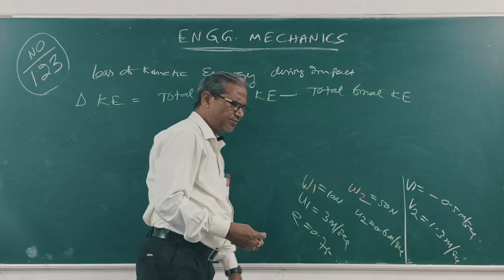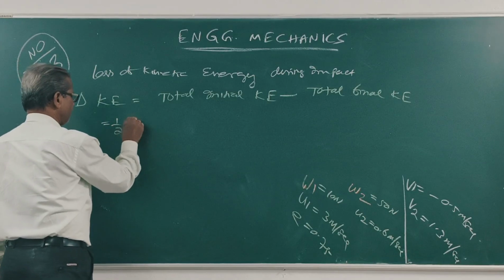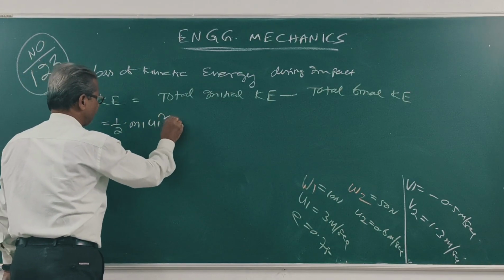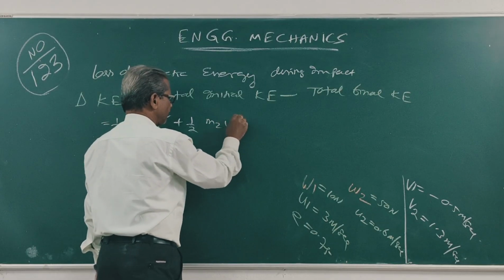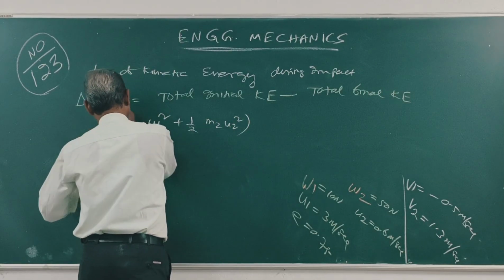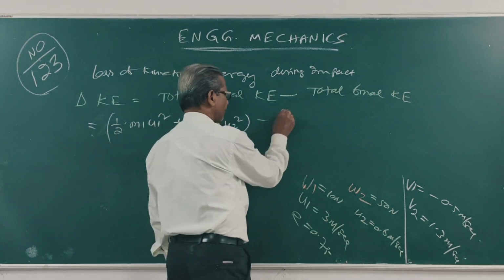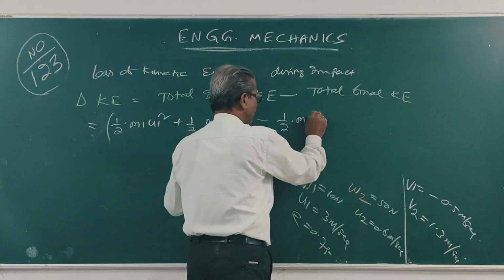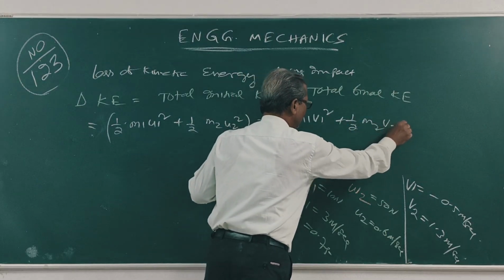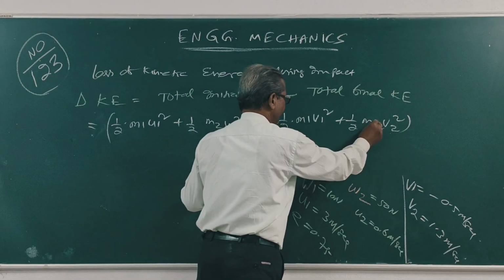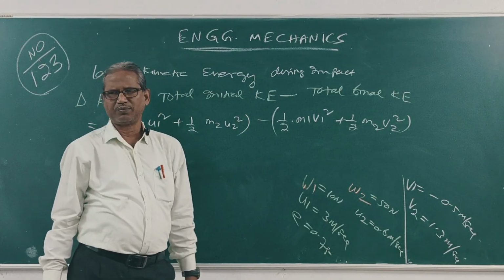This K means half m1 u1 square plus half m2 u2 square. Clear? Initial K. Final K is half m1 v1 square plus half m2 v2 square. Right? Initial K, final K.